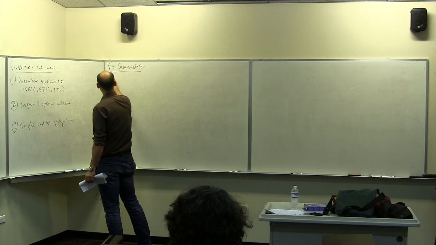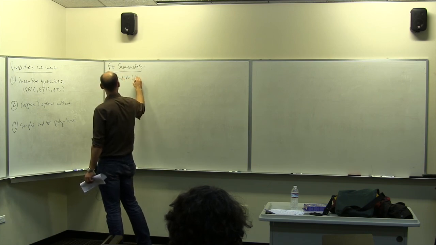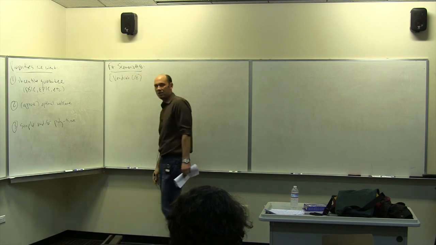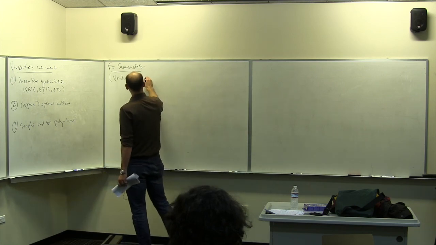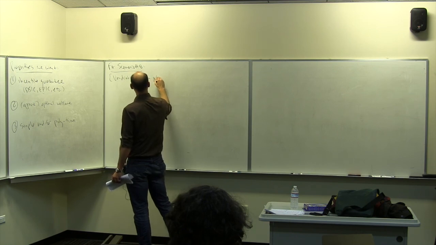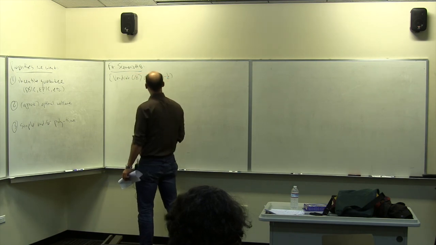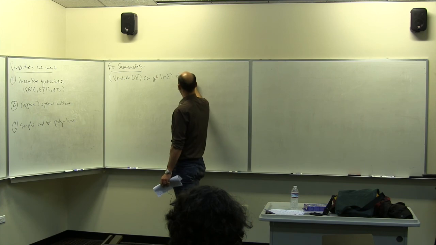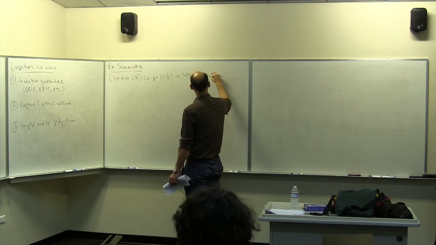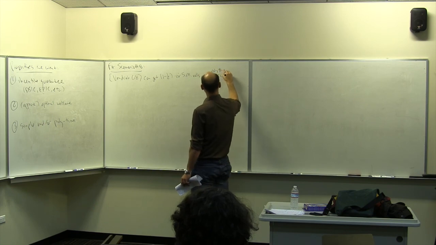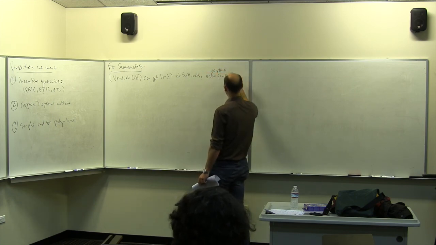There's a beautiful algorithm by Vondrak, which, for those of you who like combinatorial optimization, I recommend reading sometime. It's really a very nice algorithm. This says that ignoring incentives, you can get 1 minus 1 over e for submodular valuations using only a polynomial number of value queries.